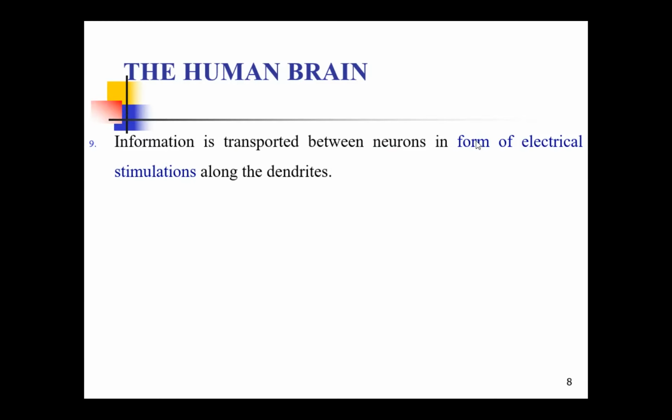So information is transported between the neurons in the form of electrical stimulations along the dendrites. The dendrites are the communication link between one neuron and another. So through electrical stimulations only, the data gets transferred.